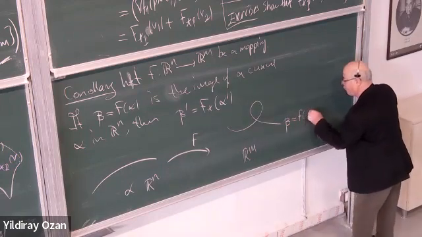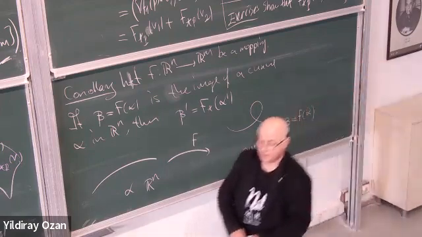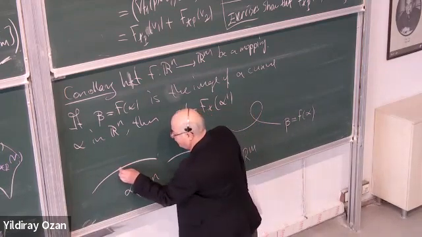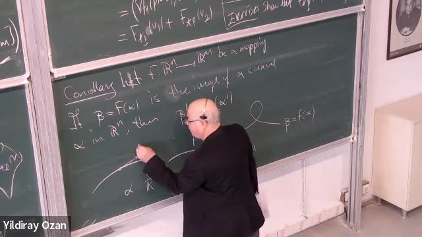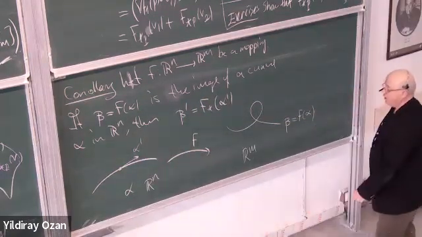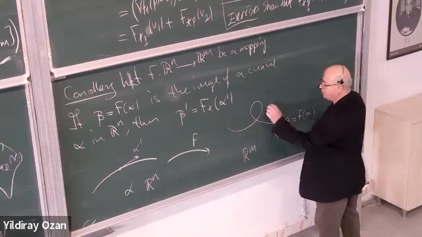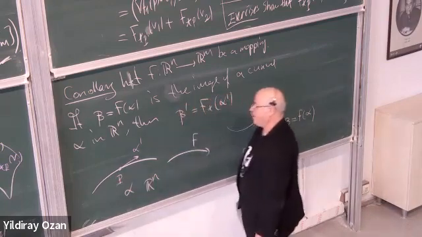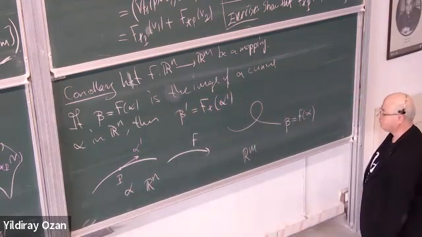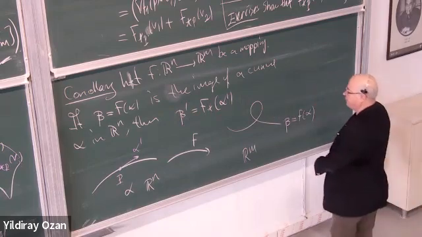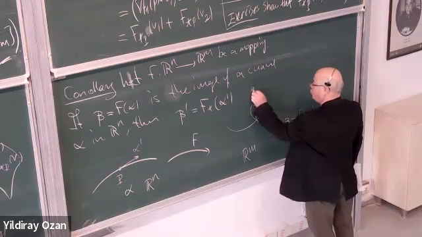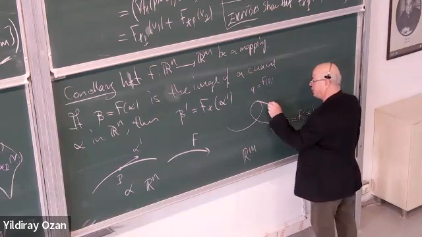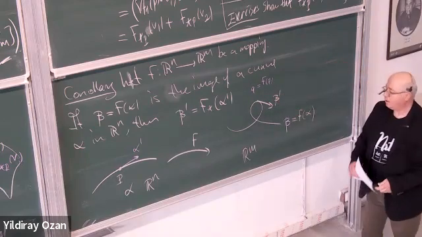So beta is just f composed with alpha, and the claim is this. If I take alpha prime, a tangent vector here, say this is the point P, and this is the point, let's say Q, which is f of P, then that tangent vector is sent to the tangent vector of beta, okay?